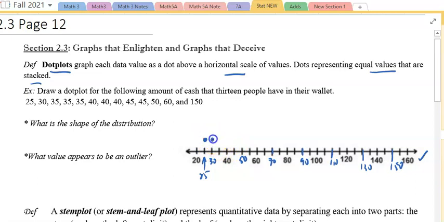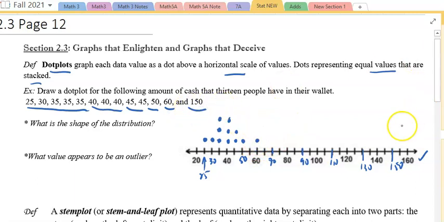30 would be right there. 35 would be right there. Another 35, you would go above it and stack it. Three 40s. Two 45s. 150. 160.